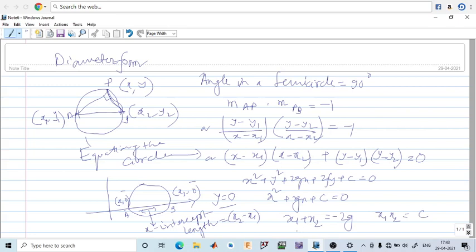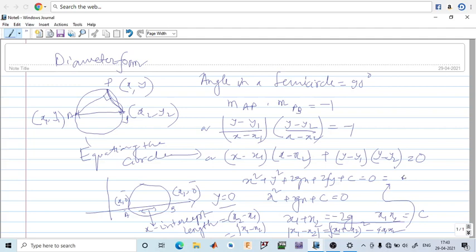So if you find the mod value of x1 minus x2, it will be root over (x1 plus x2) whole square minus 4 x1 x2. What will be the (x1 plus x2) whole square?